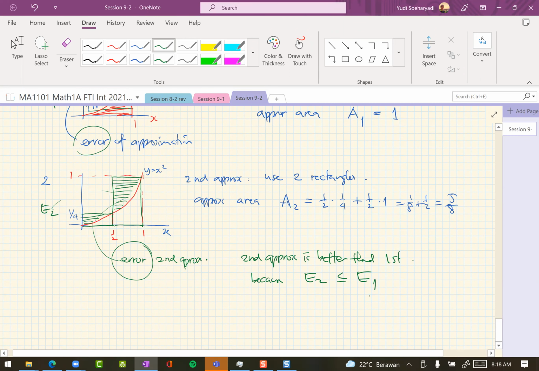It's not exact, but it has a smaller error, so it's better.